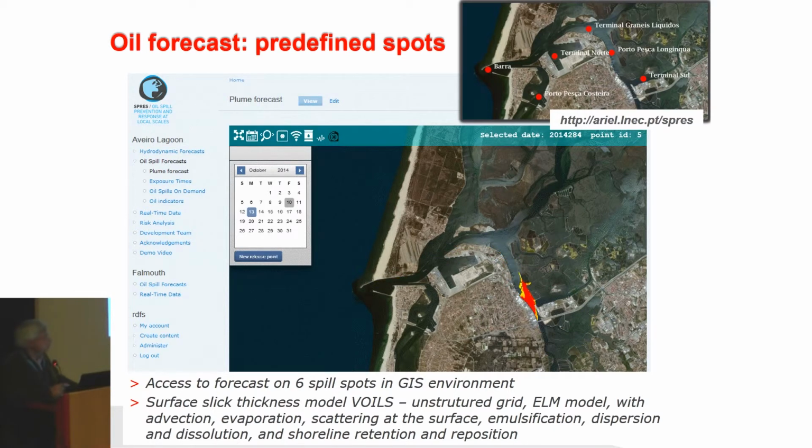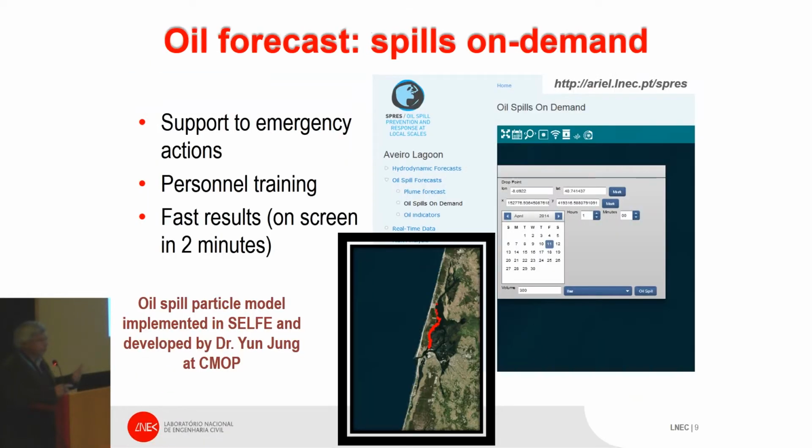Now, the model that we use to do these forecasts is a very detailed model, both in terms of resolution and also in terms of the physical processes that are represented. As a result, it's also a fairly costly model from a computational viewpoint. So in case of a spill, we have an alternative model. We have a particle tracking model, which is much faster and provides results in a couple of minutes.